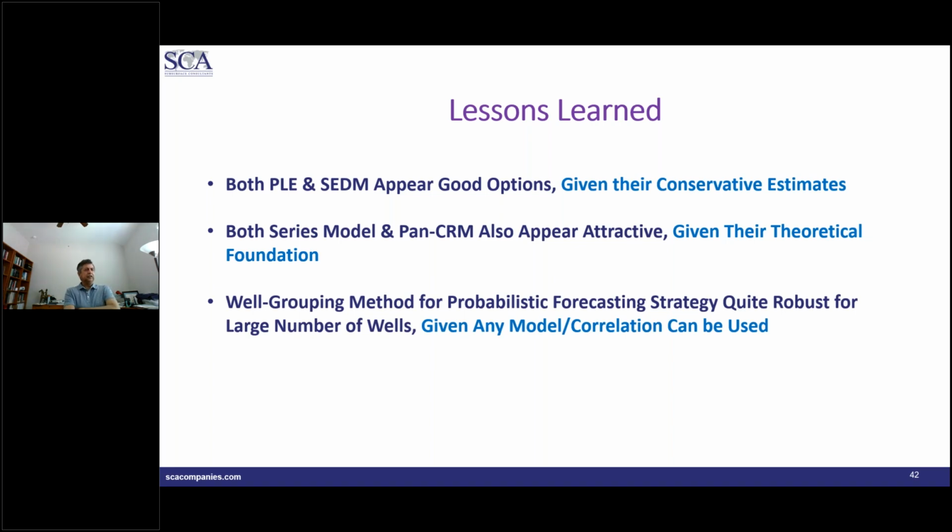And the beauty of well grouping, because we have to handle a large number of wells, is that it can handle any model or correlation that you like. It's just that instead of doing it for hundreds of wells, one at a time, you can minimize that burden.